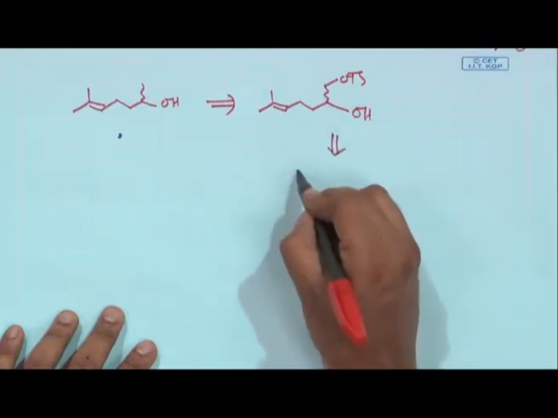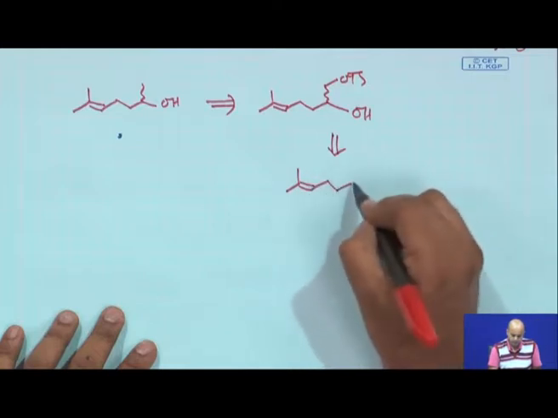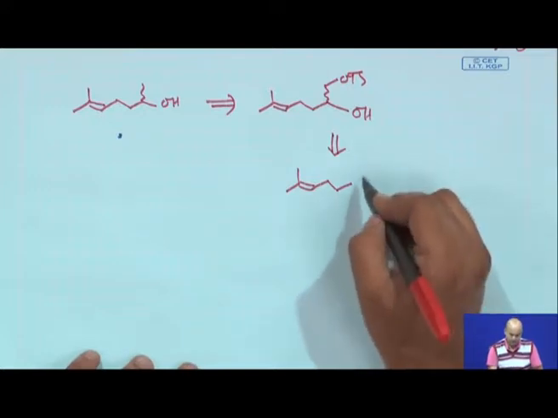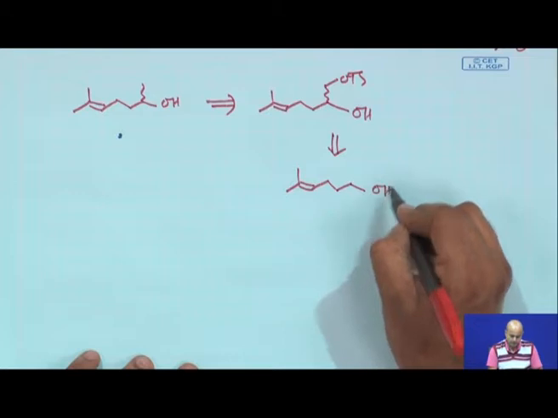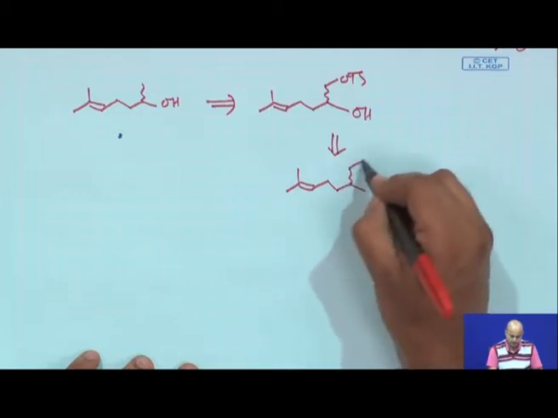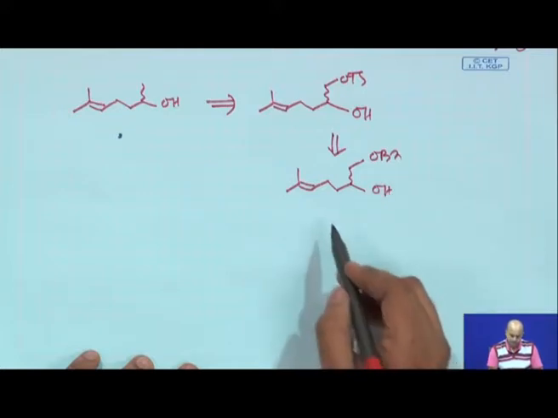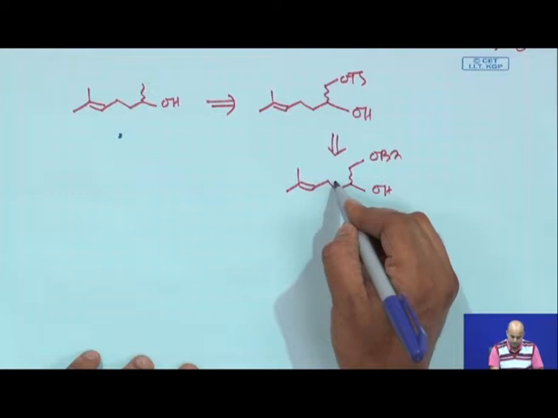Now, the starting material was given, and we need to figure out how this starting material is coming. We say this OH is coming from this OBn. Now, try to analyze this bond.